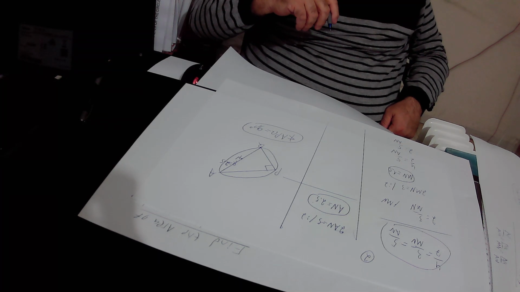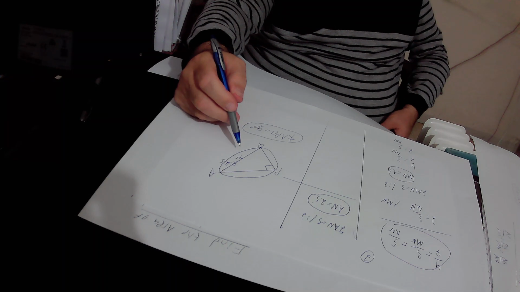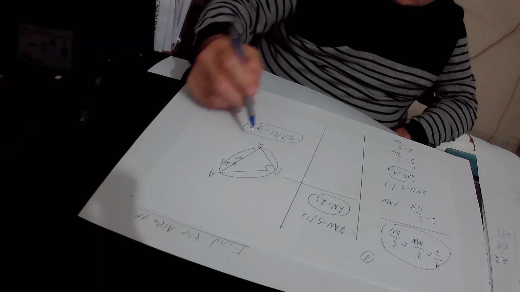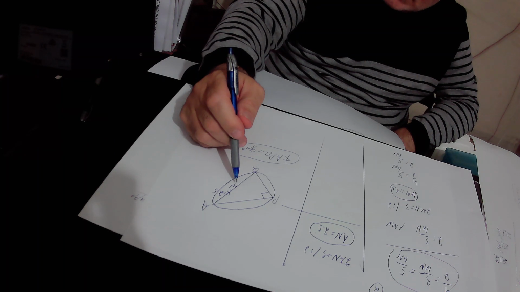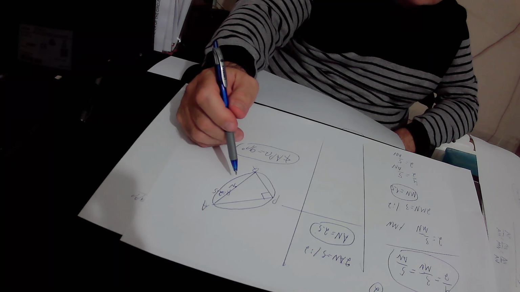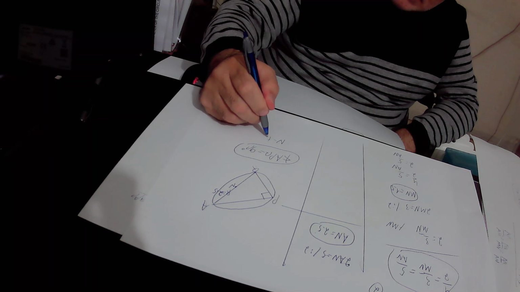And therefore, if the radius of the circle is AN, it means that N is the center of the circle.